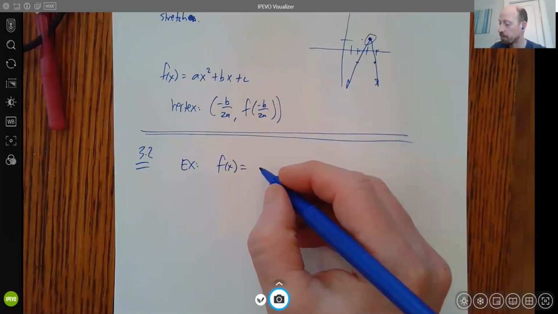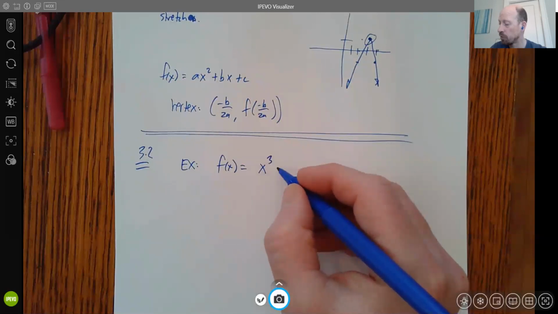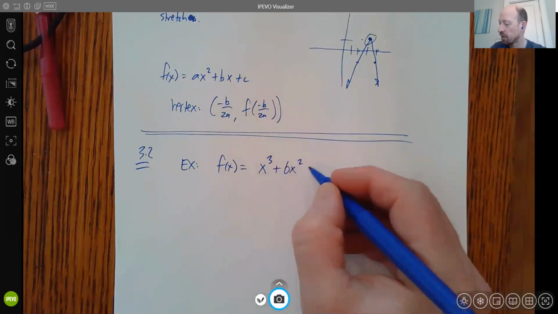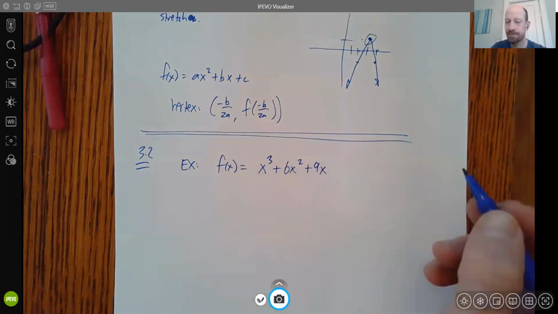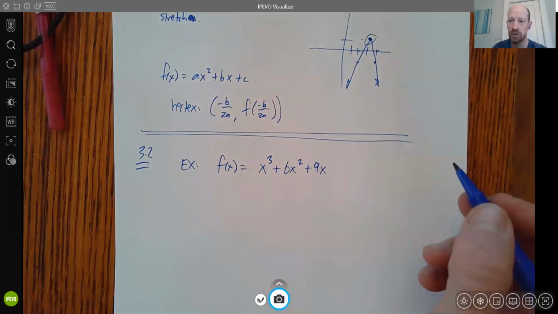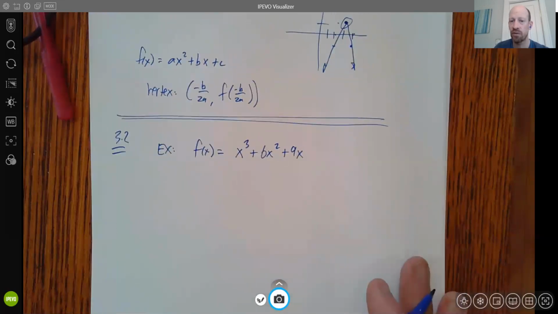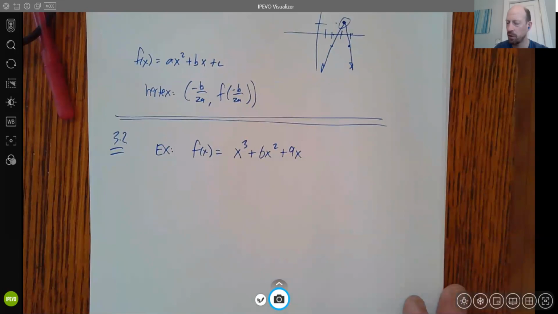Let's try x cubed plus 6x squared plus 9x. You can work with that. So this is a degree 3 polynomial.